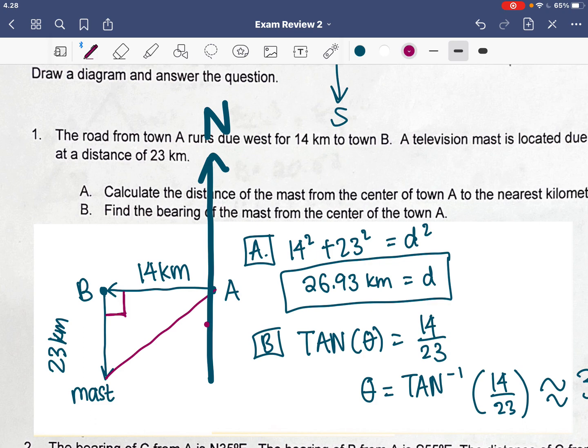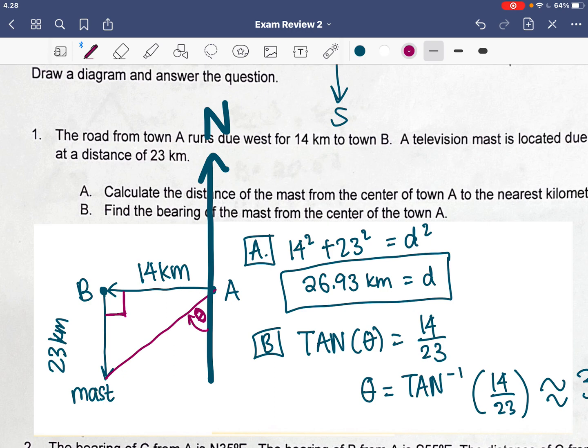So we need to know what this is. Okay, again, it's just asking us for this angle here from town A, right? And with respect to the true north. Okay, so notice that this is outside of the triangle, but remember alternate interior angle says if you have two parallel lines, the alternate interior angles are equal or congruent.